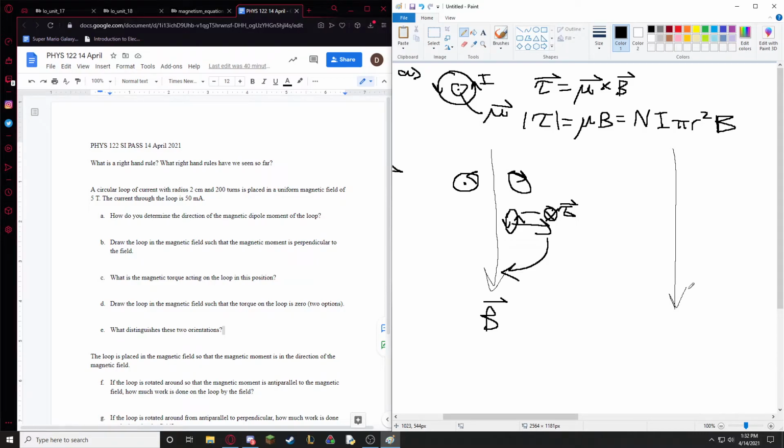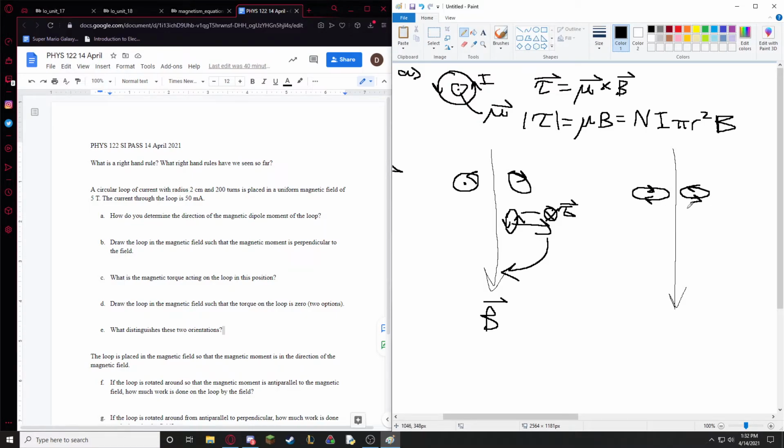So I figured our two options would be if mu and B are in the same direction and in opposite directions. Exactly. So what would those look like for our loop? I drew the loop in the XY plane with mu coming out of the page, and then you could draw the magnetic field as either out of or into the page. Yep. So these are our two options.